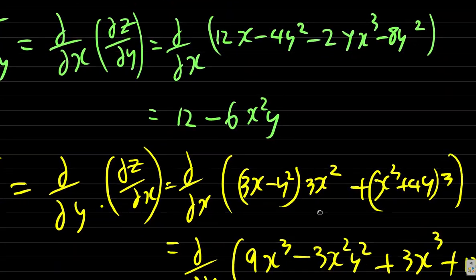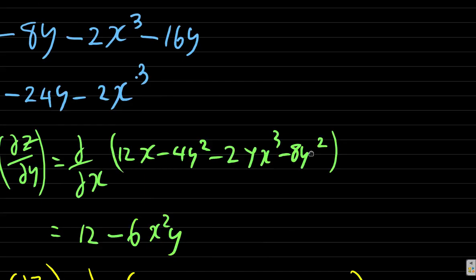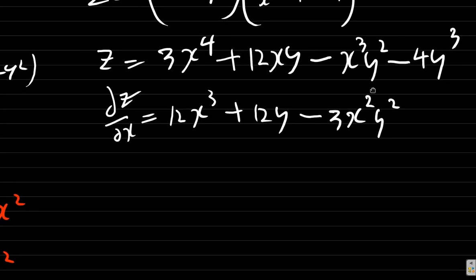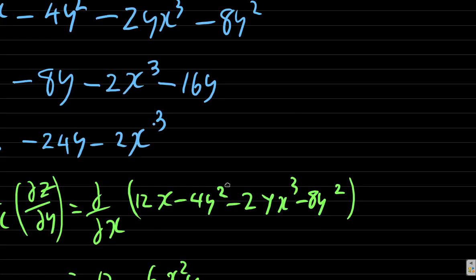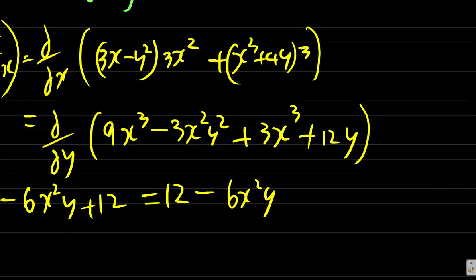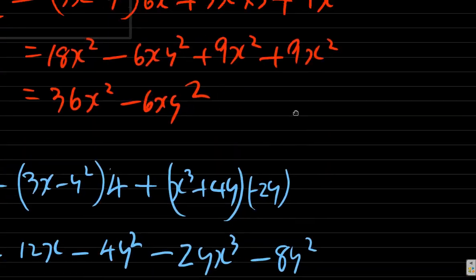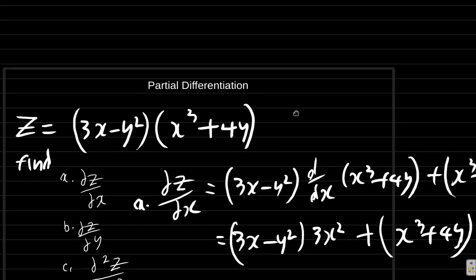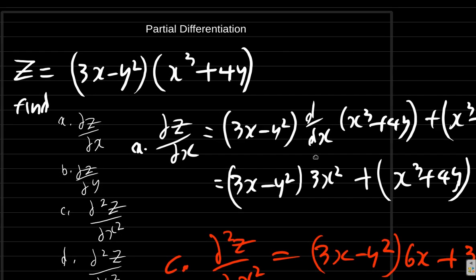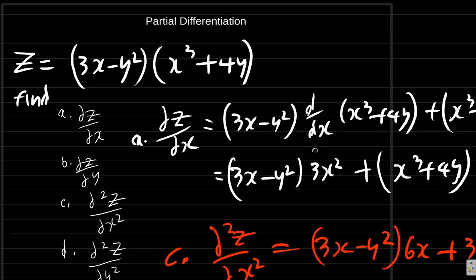Then after that, minus 3x squared y squared, minus 3x squared y squared, right? What I was saying, you see this 12x cubed here? You would get it if you have the 9x cubed here plus the 3x cubed here, which gives you 12x cubed. Alright? So that itself shows you what would happen if you multiply out the bracket and then find delta z by delta x.